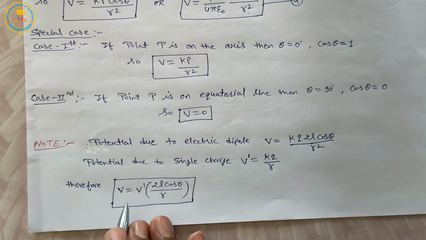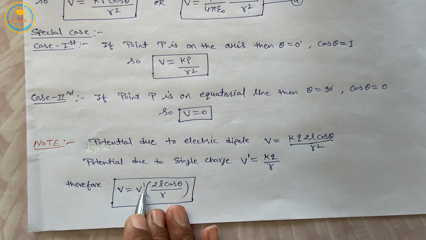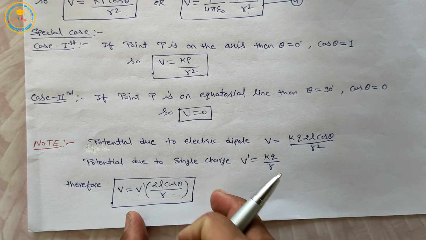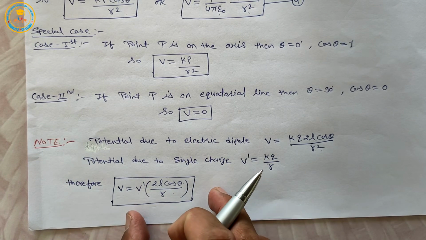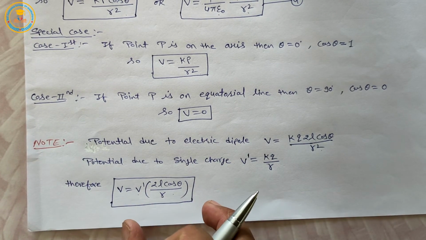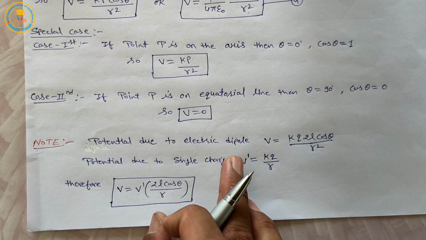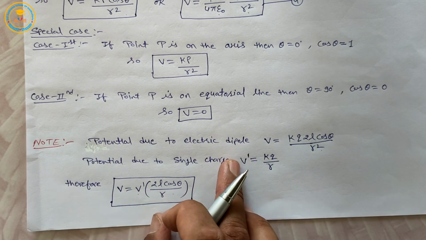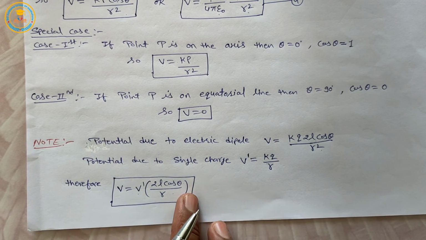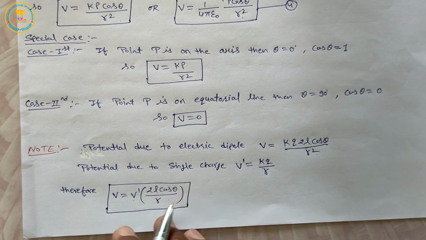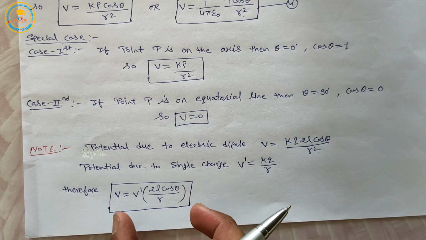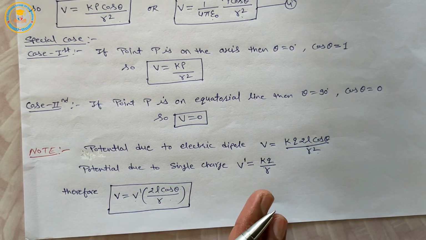Then we get V is equal to V dash times 2L cos θ upon R. According to this, we can say that in a similar situation, the potential due to an electric dipole is 2L cos θ upon R times that due to a single charge.